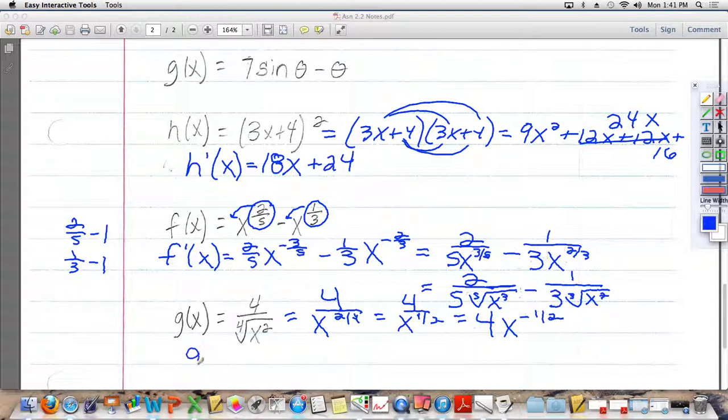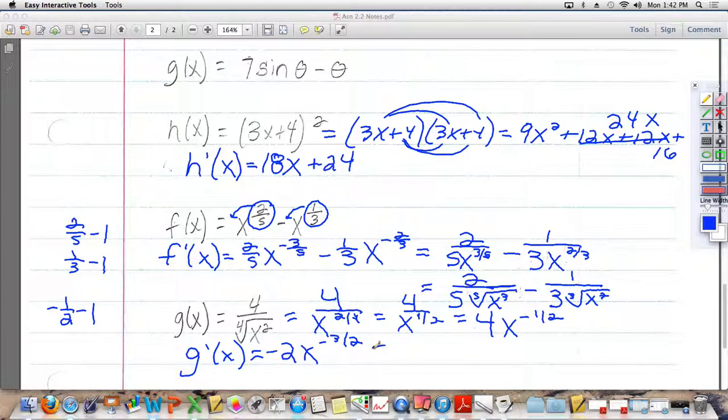So now the derivative of g of x is equal to, you're going to take -1/2 times 4. What's -1/2 times 4? -2. X to the, alright, so we have a -1/2 power. We need to subtract 1 from it. What is -1/2 minus 1? -3/2. Yep. Got to get rid of that negative exponent.